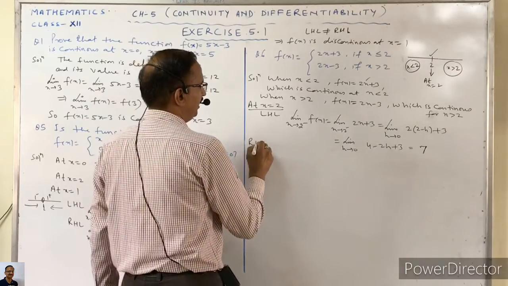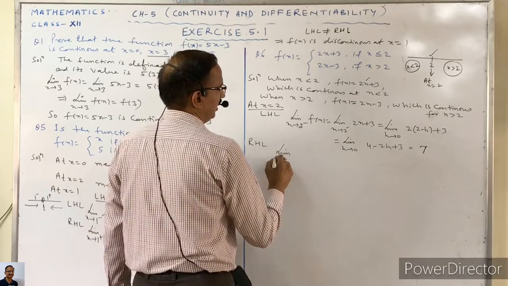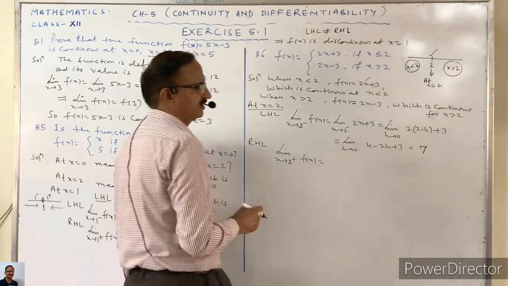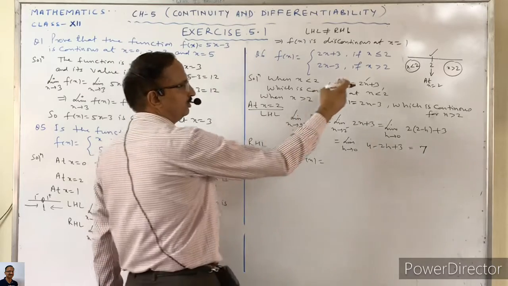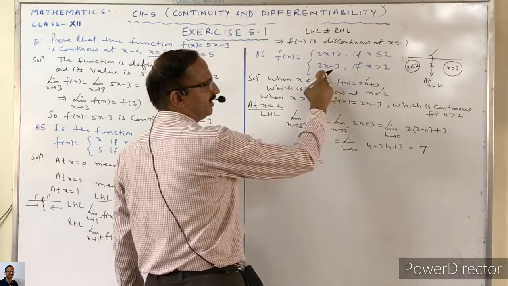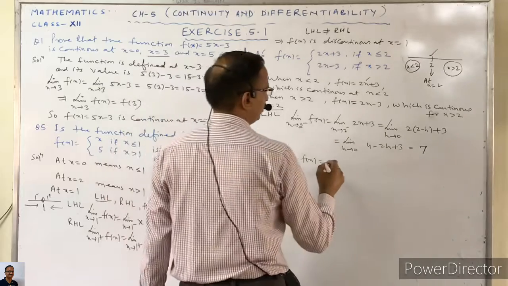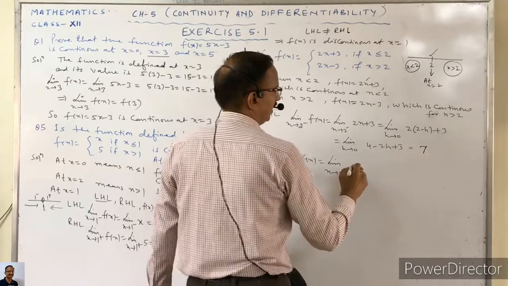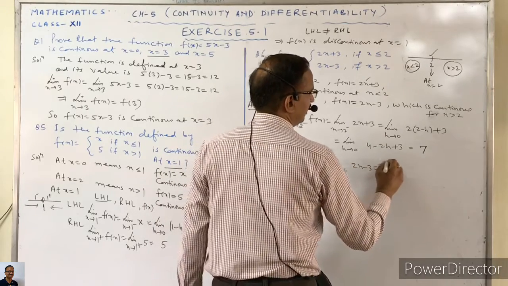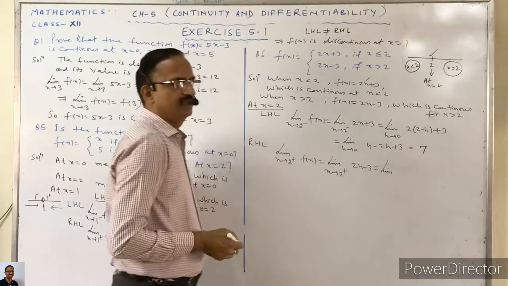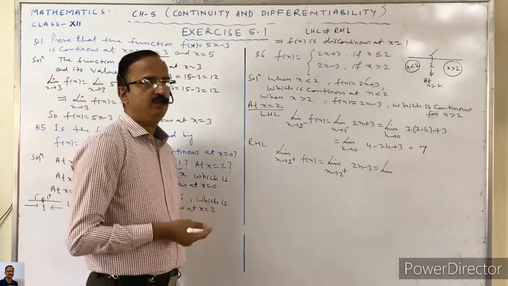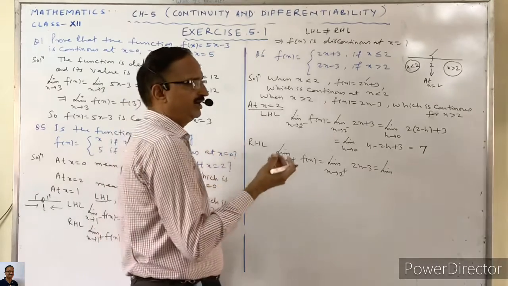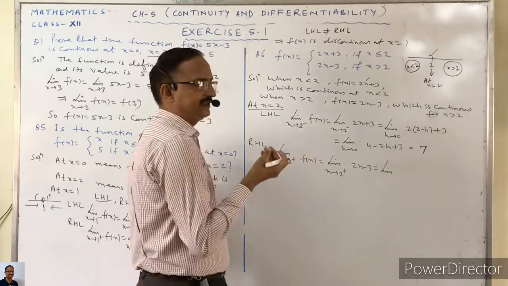Now the right hand limit, x tends to 2 plus f(x). It means x is greater than 2, and greater than 2 means the function is 2x minus 3. So we write limit x tends to 2 plus of 2x minus 3. This means slightly more than 2. We are approaching from the right side, and that small quantity is h.